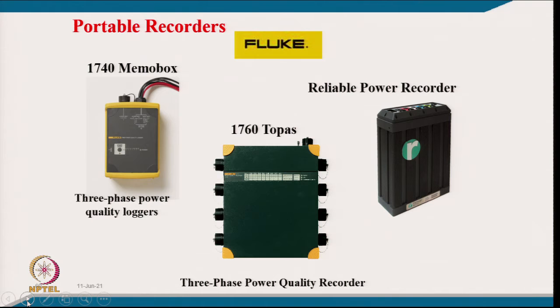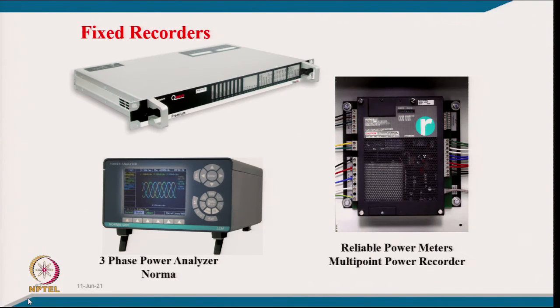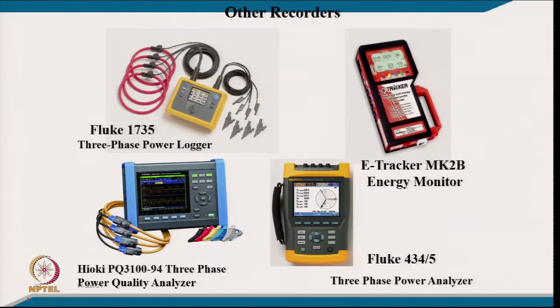So, these are some of the power quality portable recorders from Fluke Corporation, and you have similar 3-phase power quality loggers, then a 3-phase power quality recorder, reliable power quality recorder. Similarly, you have other fixed recorders, like a 3-phase power analyzer by Norma, reliable power meters, like a multi-point power recorder.